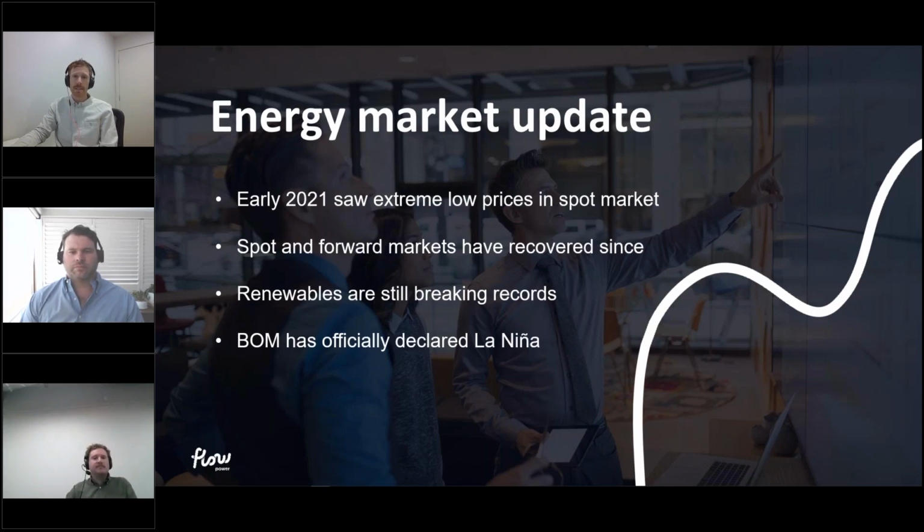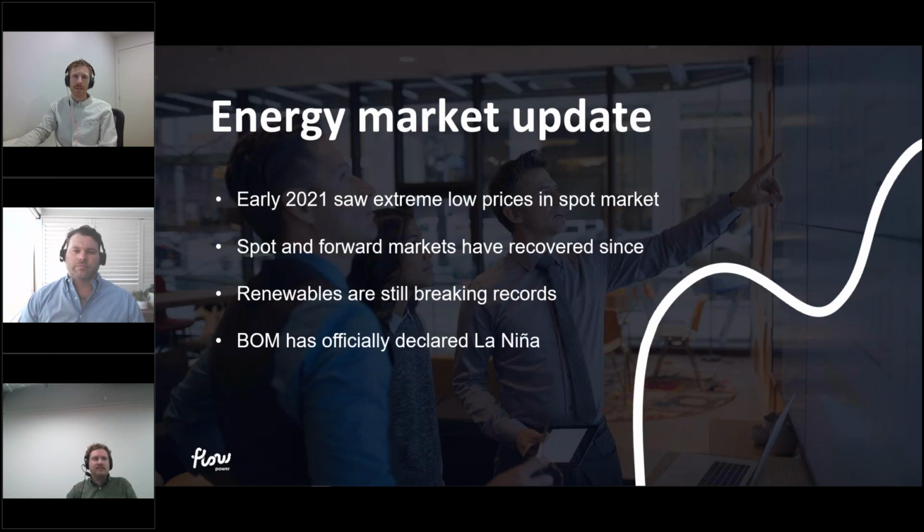Yet the forward market is telling us that it's going to be a pretty strong summer, particularly in Queensland, to a lesser extent New South Wales. La Nina is typically associated with higher rainfall and cooler temps, but that higher rainfall can lead to mugginess and higher humidity, obviously in northern parts of the NEM, which can boost air conditioning load and increase demand.